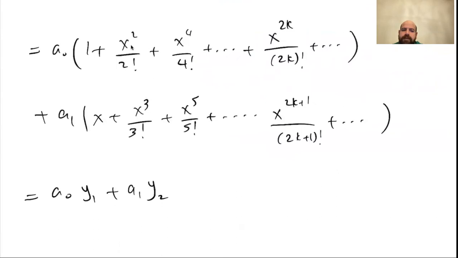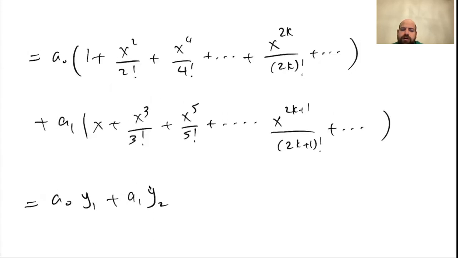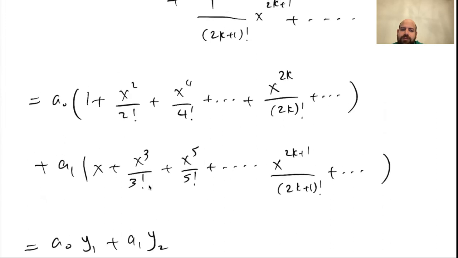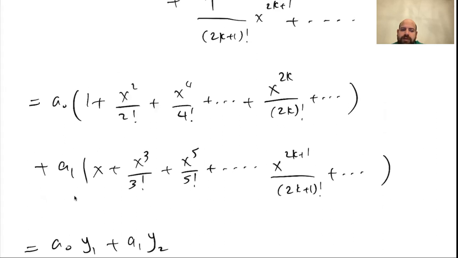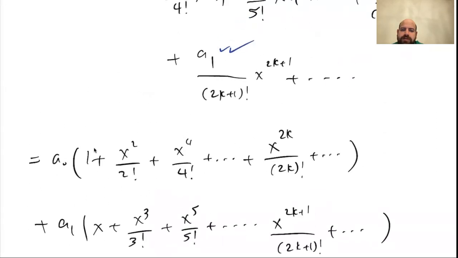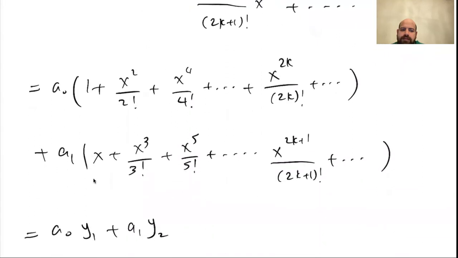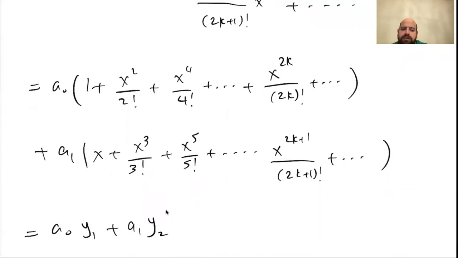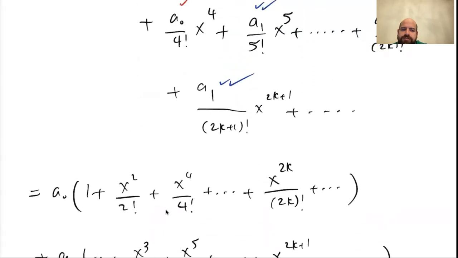Here y1 and y2 are linearly independent solutions for my ODE. A0 and A1 are two arbitrary constants, and y1, y2 are two linearly independent solutions.